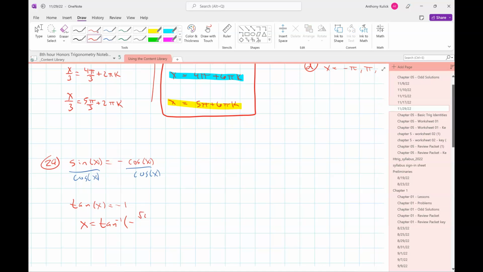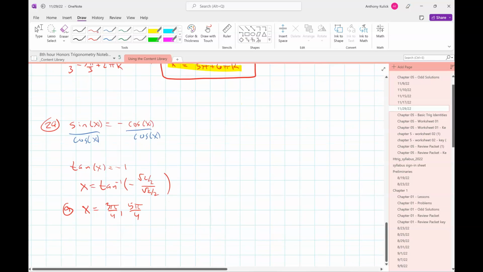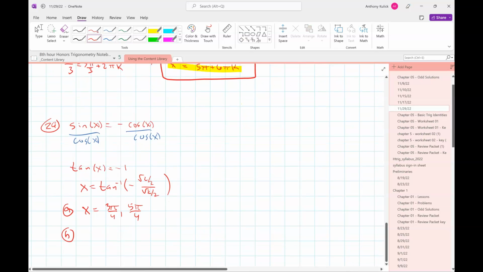So I really want the only place on the unit circle where the y and x are the same. Oops, negative, sorry. So that's my answer for part A. Since there's no coefficient on x, I can solve part A straight away.